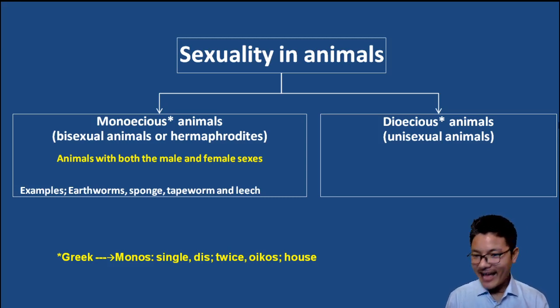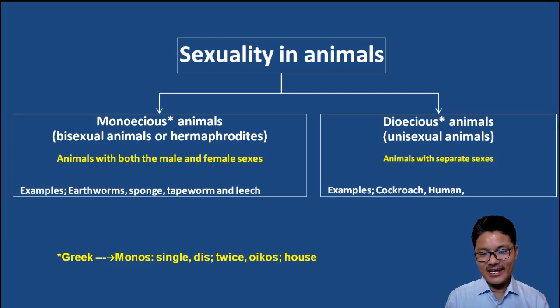But in our case, we have only one reproductive system. We do have some cases of having both sexes, but we are generalizing here. Animals having separate sexes, or separate reproductive organs in separate animals, are usually called unisexual animals or dioecious animals.